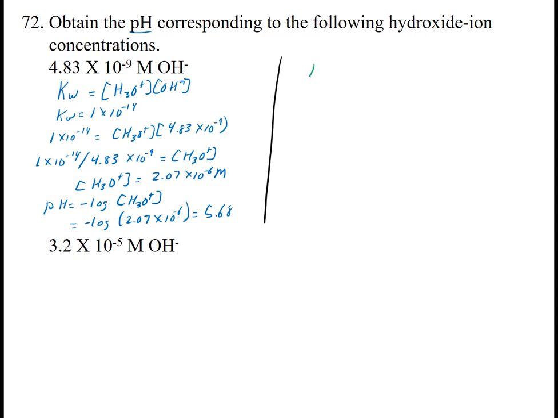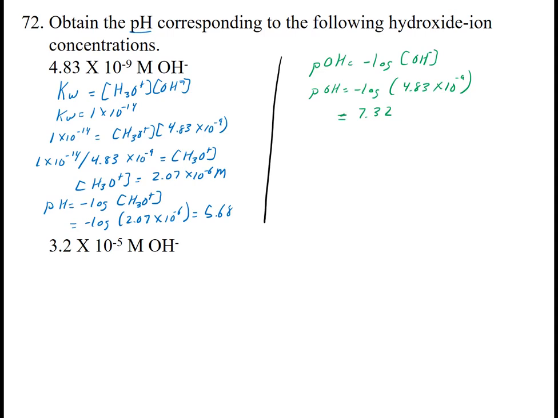So I'm going to start out with the equation that pOH is equal to negative log of OH minus. And this formula, as I stated in the last video, is not given to you. So pOH is the negative log of 4.83 times 10 to the minus 9th, and I get 7.32.